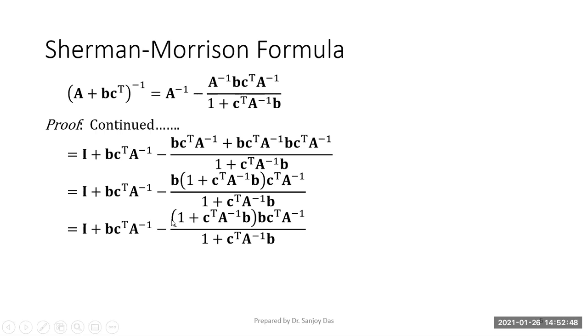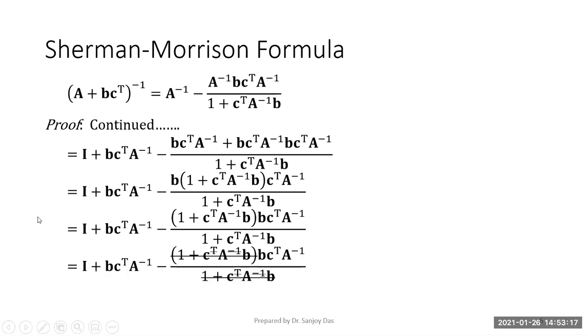Okay. That's what I do here. Since it is a scalar, I put it on the left, but I preserve the order of appearances, B, C transpose A inverse. This is B, C transpose A inverse here. Now what do you see? In the numerator, you have the scalar 1 plus C transpose A inverse B, and it's the same thing as the denominator, correct? So we can cancel them.